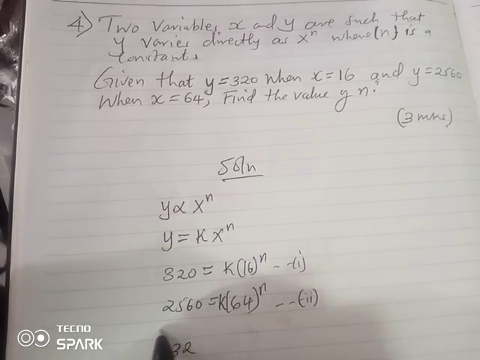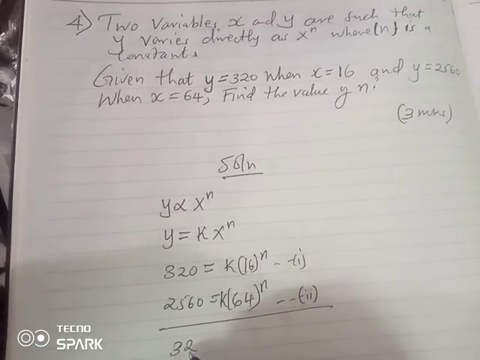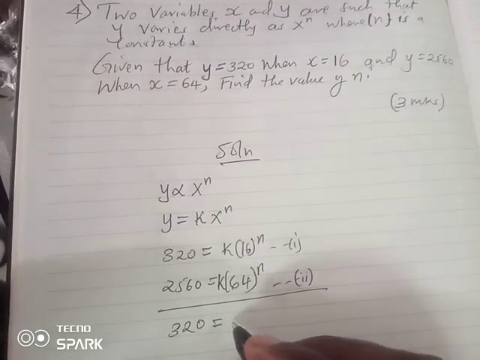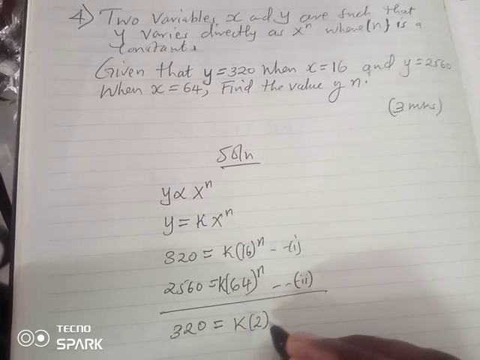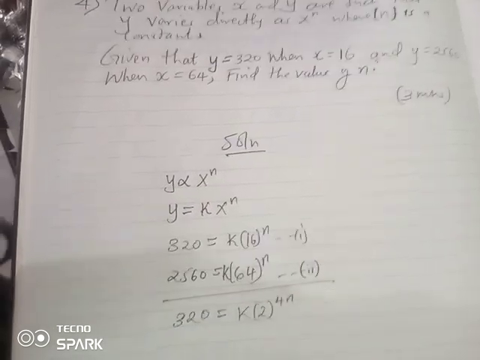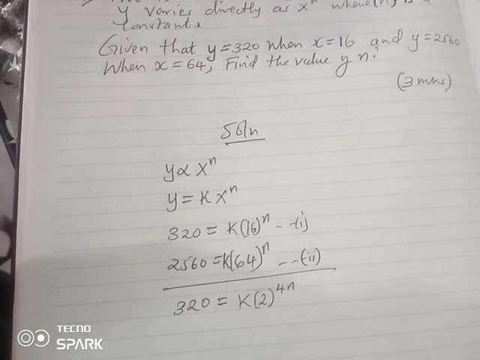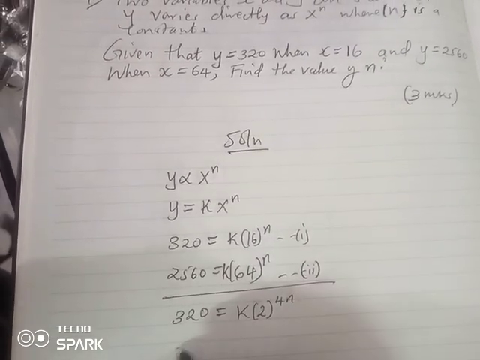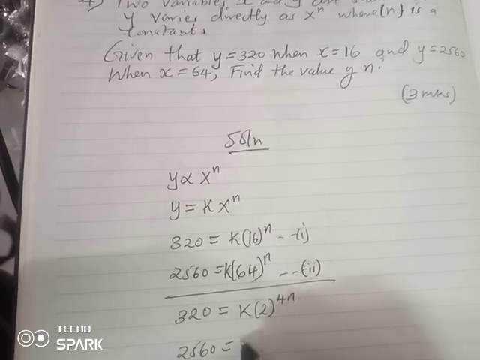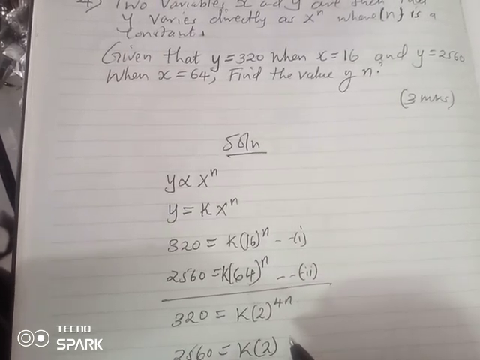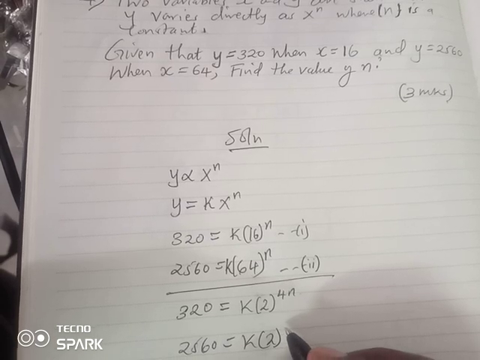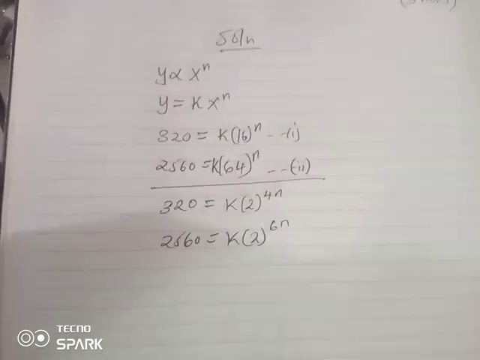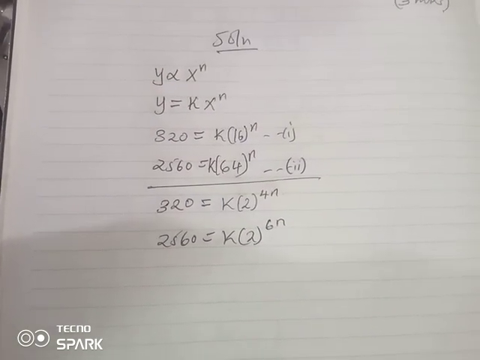So I will have 320 equivalent to k into 2 power 4n, writing 16 into base 2, it shall be 2 power 4, of course times n was there. Then the same to 2560, k into 2 power 6n, 2 power 6 giving us 64. I hope we are still together up to that stage.